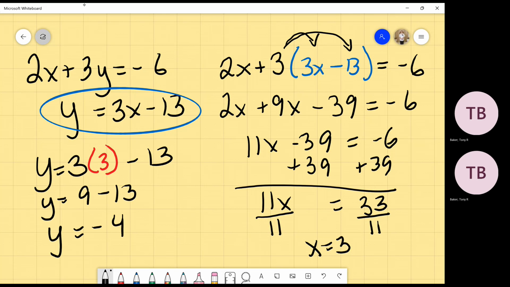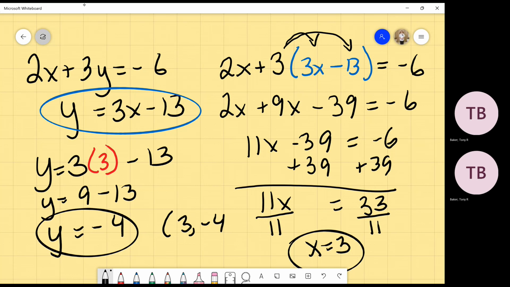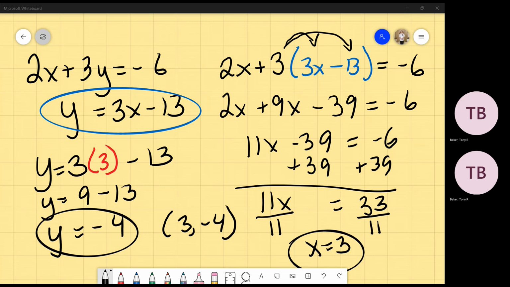So y equals -4. And there's my answer. So my point 3, -4 is the intersection point. I've got to see how they actually want you to write this. Oh, they actually want it as x and y, so you just separate them out.